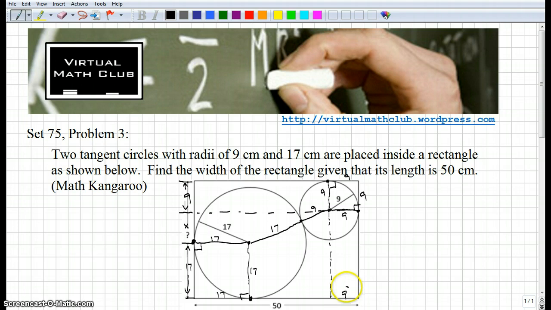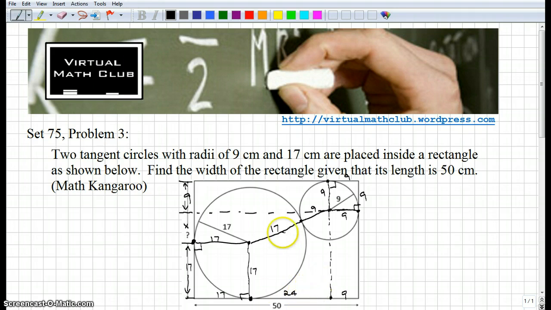The whole length of this edge is 50. This part is 17, this part is 9, so that's a total of 26. So what's left over in the middle is 24. The distance from this point of tangency to the point where I dropped this perpendicular down is 24.